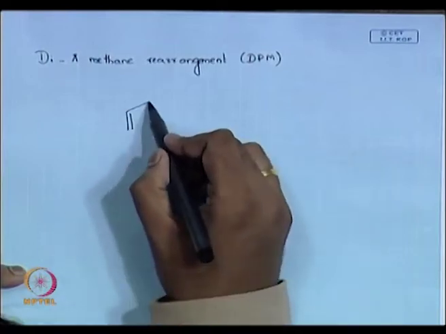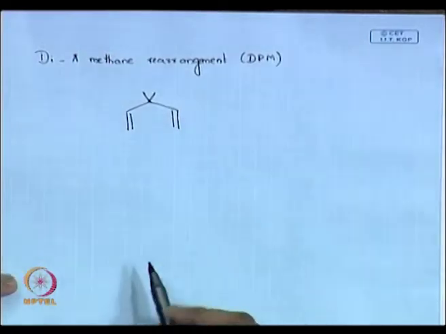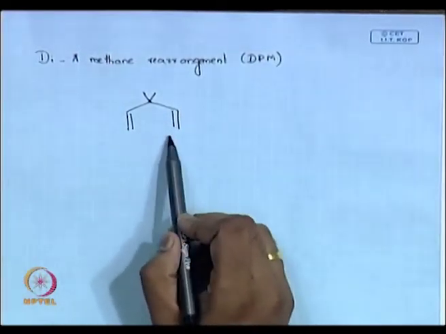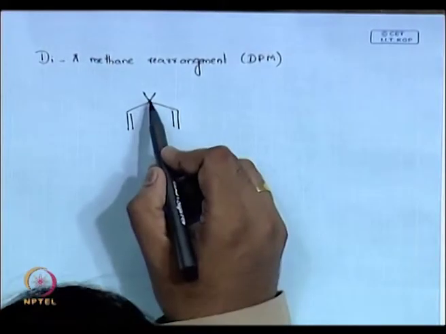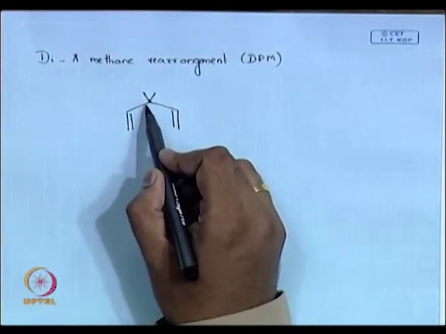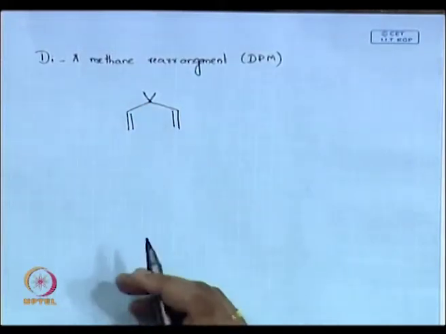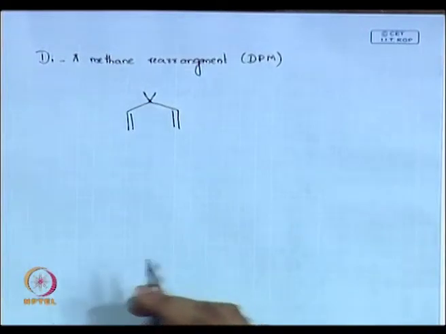For example, it is a non-conjugated diene, separated by a carbon which is sp3. In this type of system you can start observing di-pi-methane rearrangements.